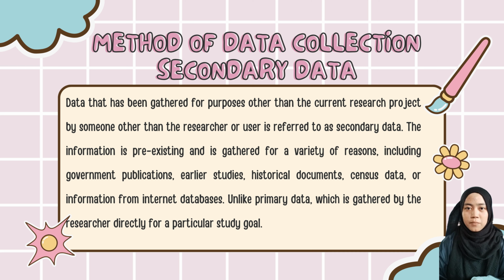It differs from primary data, which is collected directly by the researcher for a specific research objective. So, from this, we can conclude that secondary data is pre-existing information that researchers use for their own analysis rather than collecting it by themselves.